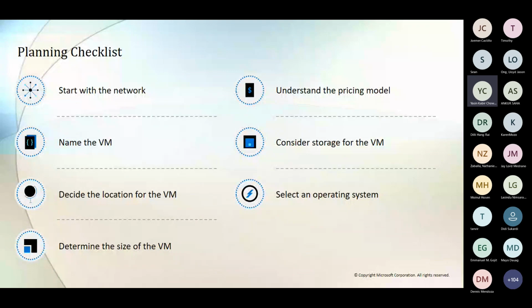Then determine the size of the VM, the pricing, of course, and consider the storage we will use in the VM. And obviously the important thing is which operating system we will use in this VM. So first we will think about location and pricing.